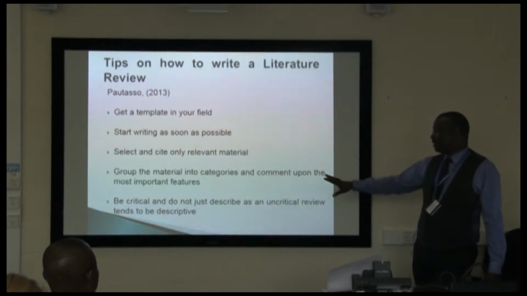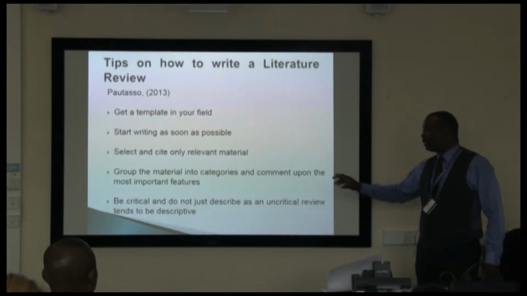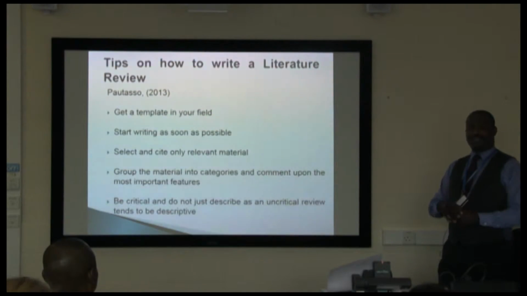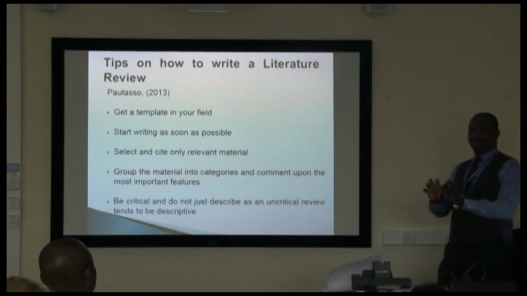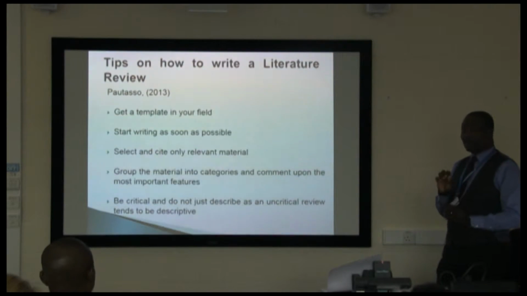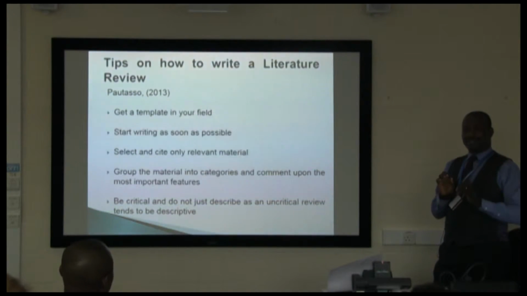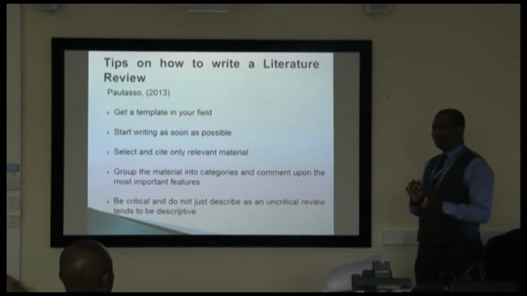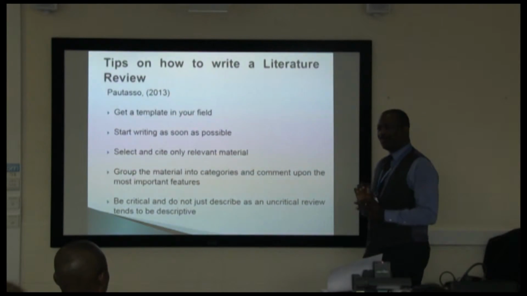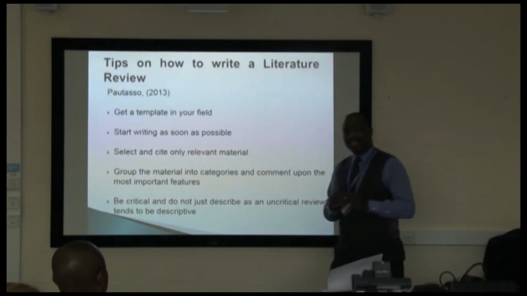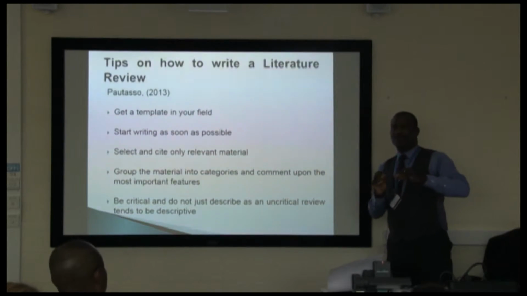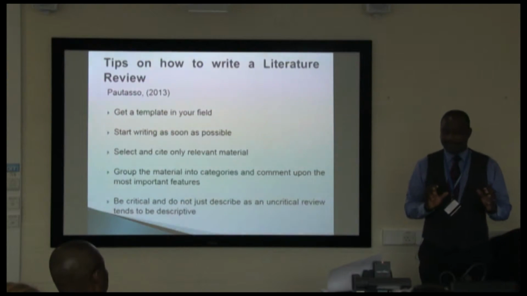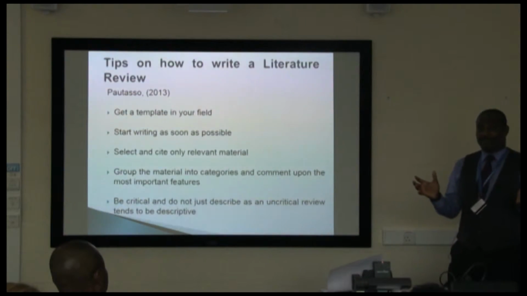So group the material into categories and comment upon the most important features. It's the most important features that relate to your research question that you need to comment on. There's no point talking about the fact that this study was carried out in England and was not in sub-Saharan Africa if culture or geographical variations don't matter.